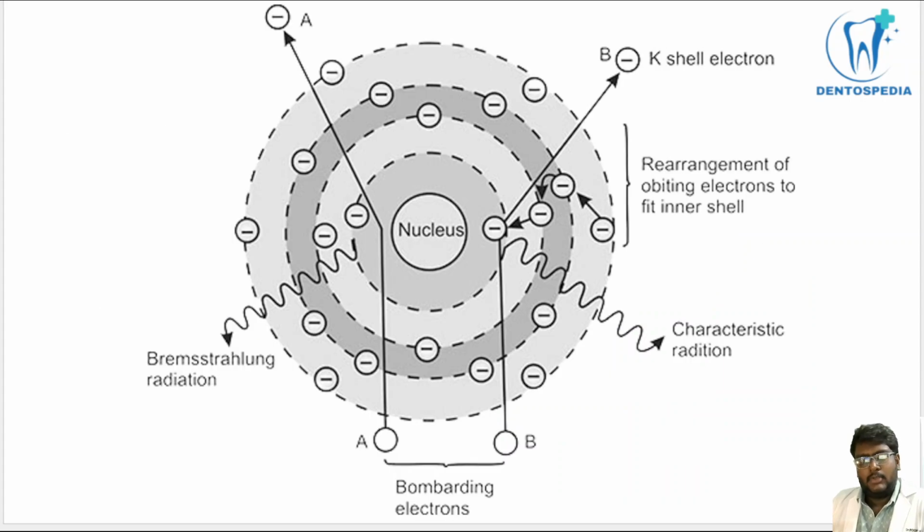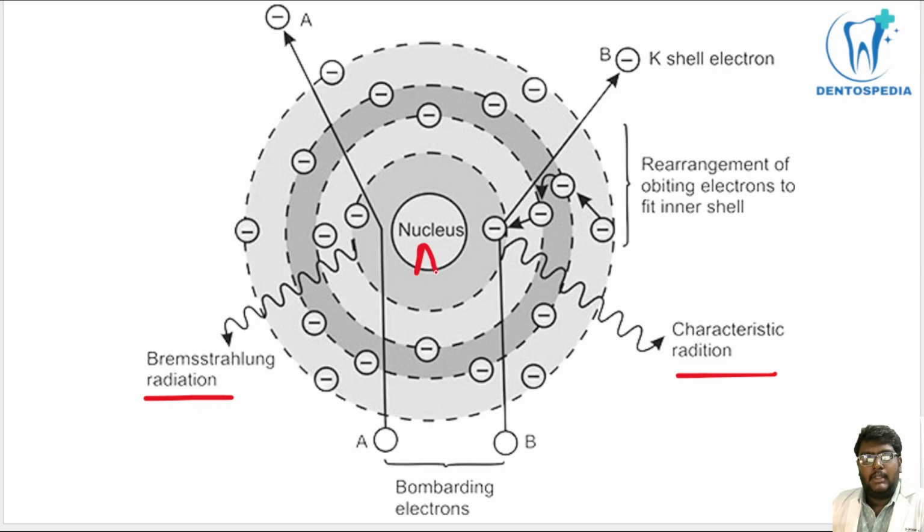And during the production of X-rays, we have mainly two kinds of radiation produced. We can say two types of X-rays are produced. They are Bremsstrahlung radiation and characteristic radiation. Okay, consider two high-speed electrons coming towards the anode.